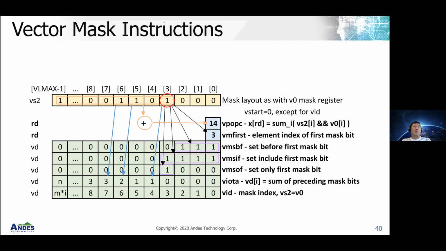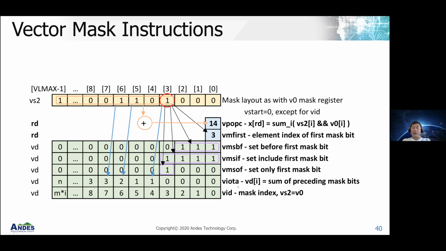The rest of the mask instructions: you have a population count, where everywhere you have a 1, you accumulate and count them. VM first identifies the first one that you see in the mask. Then there's set before first mask bit, set including the first mask bit, or set only the first mask bit, right?